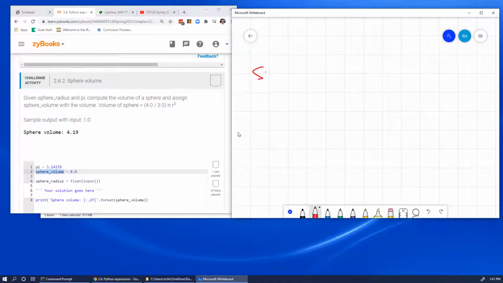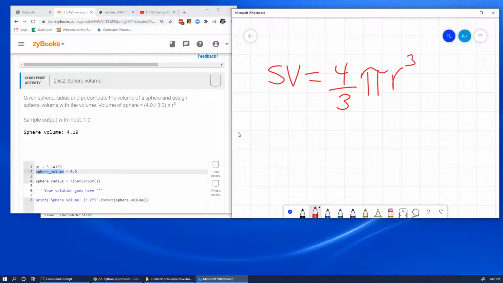Sphere volume equals 4/3 pi r cubed. So that's the formula.